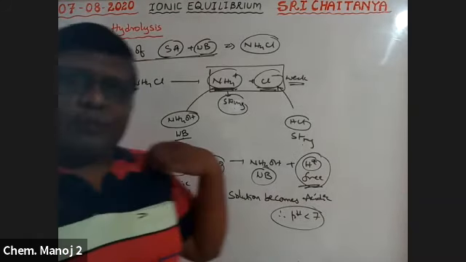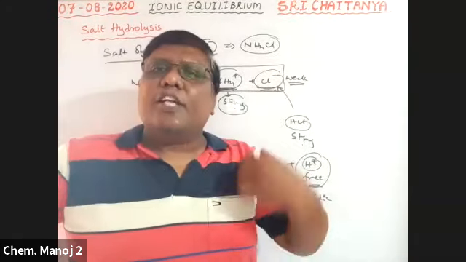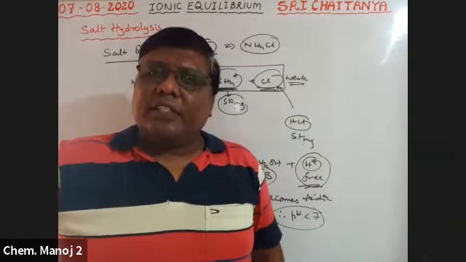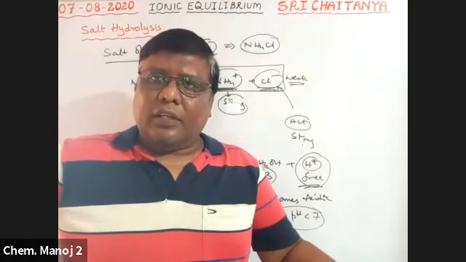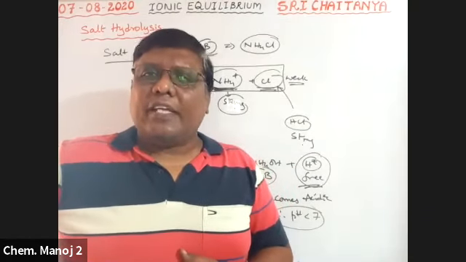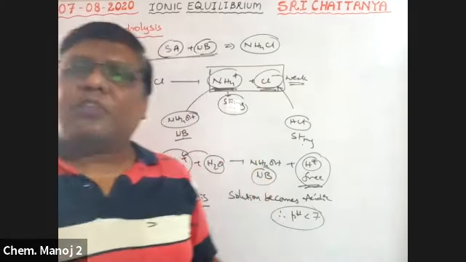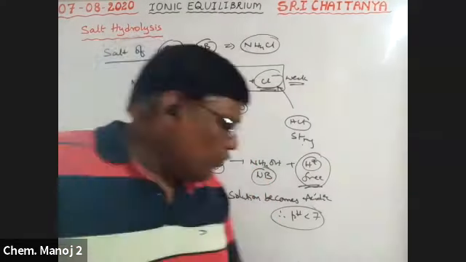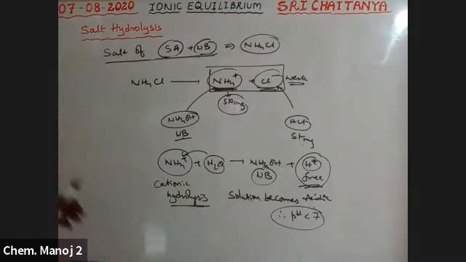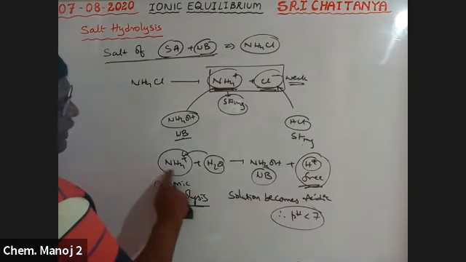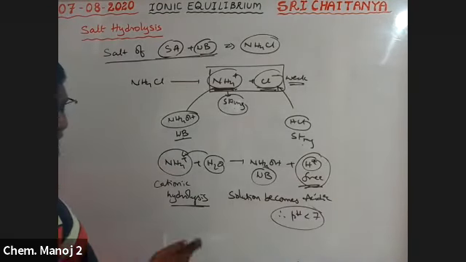Now, whenever hydrolysis takes place, there should be a hydrolysis constant, just like acid constants and weak acid constants. So how do we find that hydrolysis constant? Here, which ion is involved in the reaction? The NH4 plus ion.